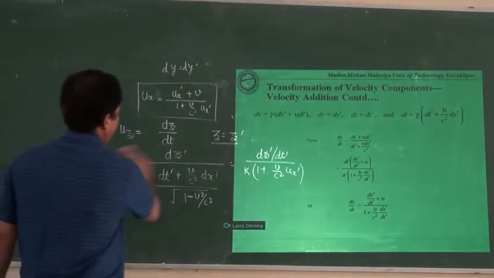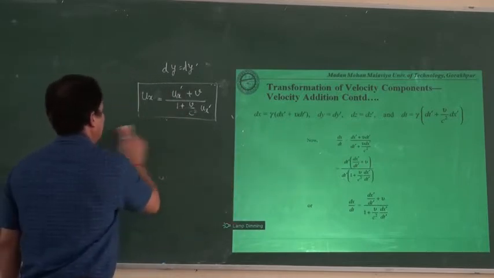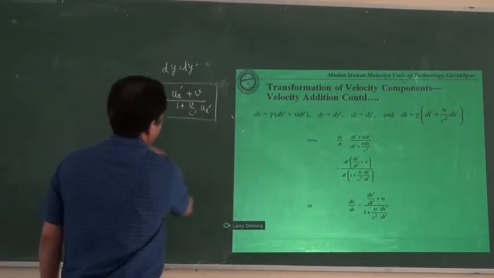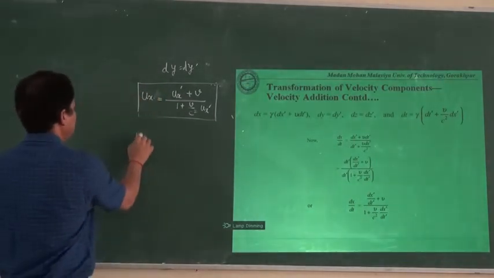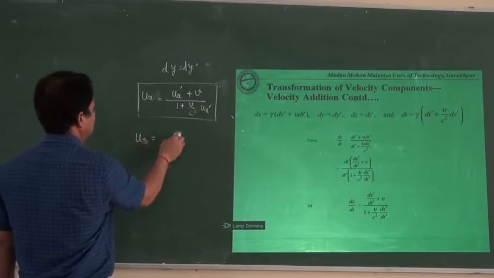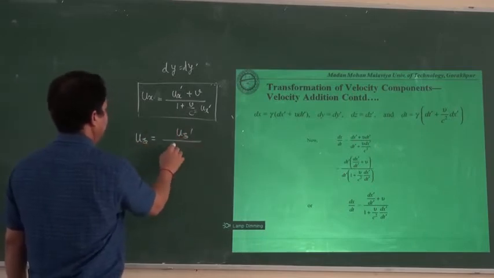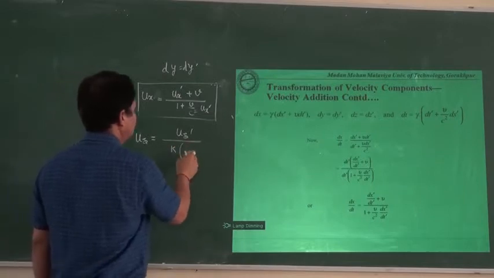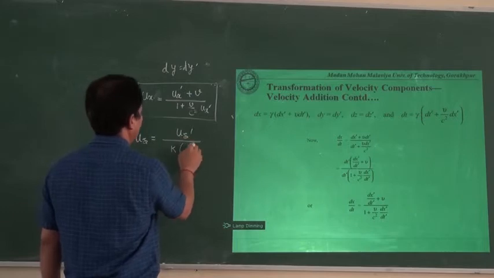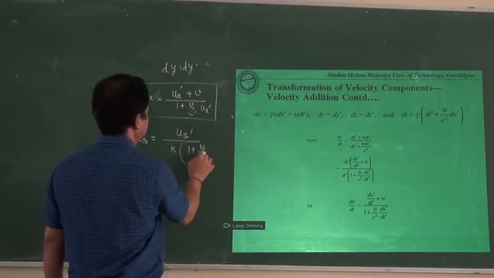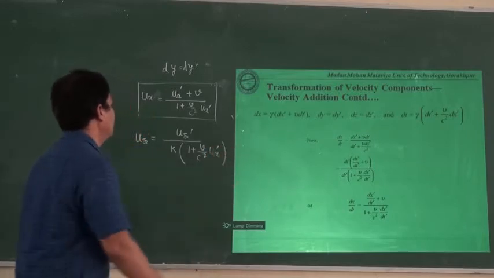And the final relation between the z component of velocity as well as the z dash component of the velocity will be uz is equal to uz dash divided by k times within bracket 1 plus v upon c square into ux dash. This will be the value.